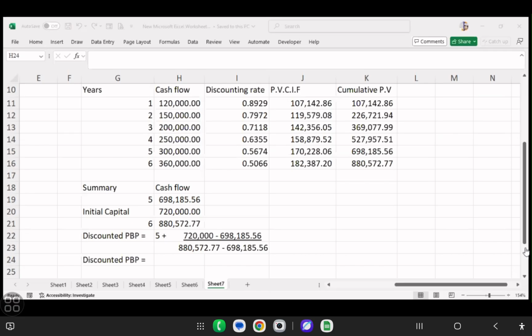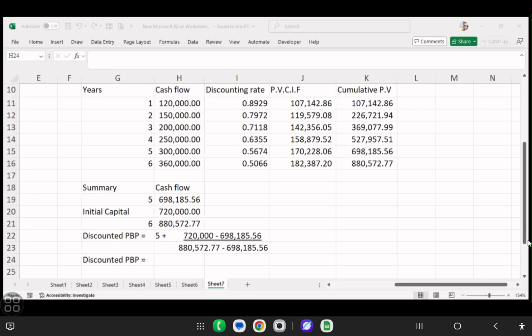IRR assumes cash flows are not invested, and MIRR assumes that cash flows are invested.